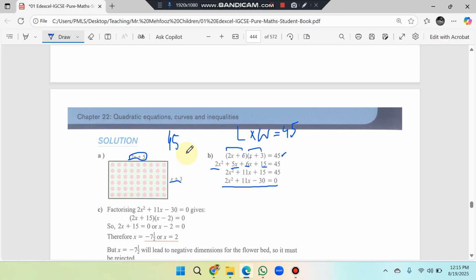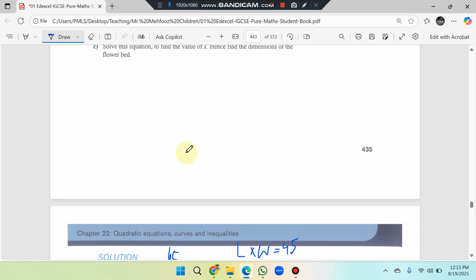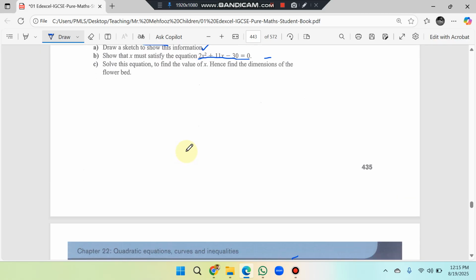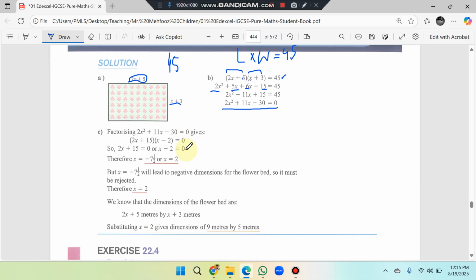Here it is not mentioned which method you have to use. So it's up to you which method you are using in this question. So here you can see that the factorization method is used in this question. 2x squared plus 11x minus 30. So the two factors are 2x plus 15 and x minus 2.